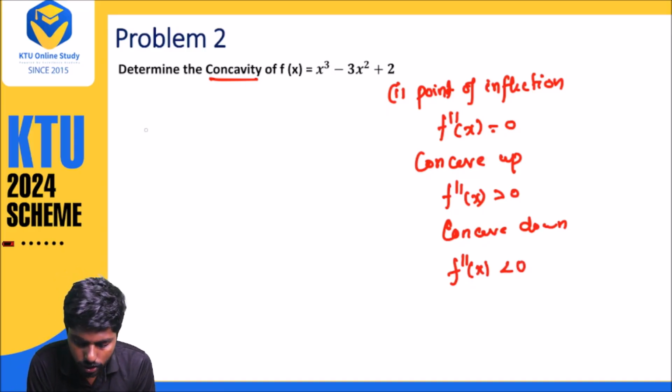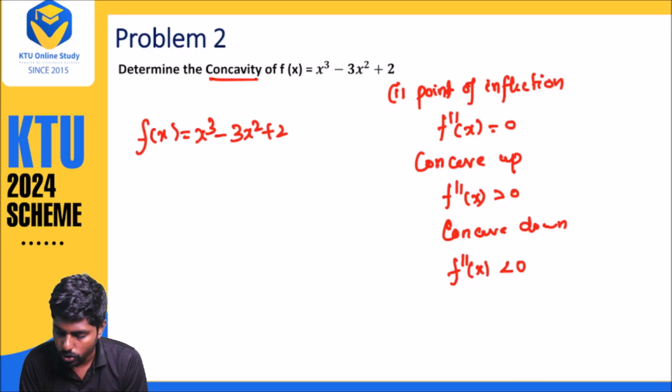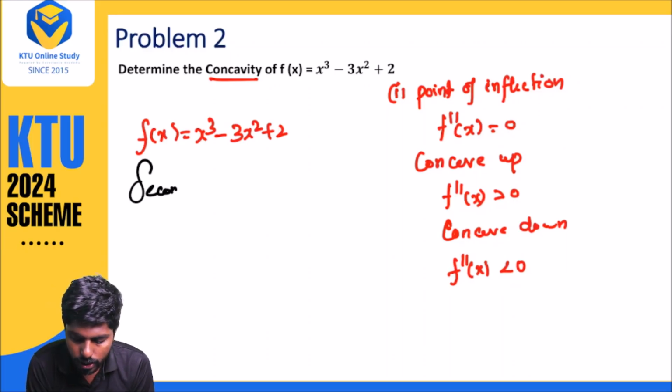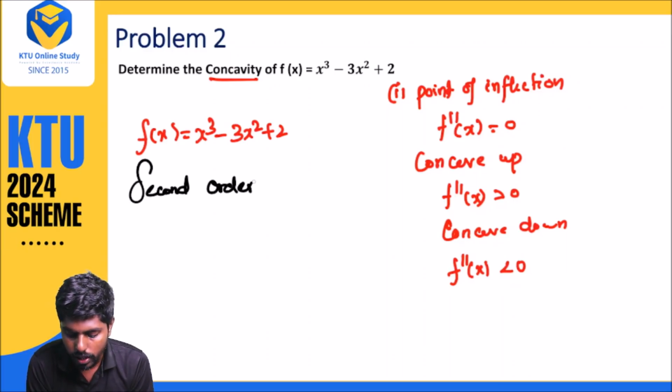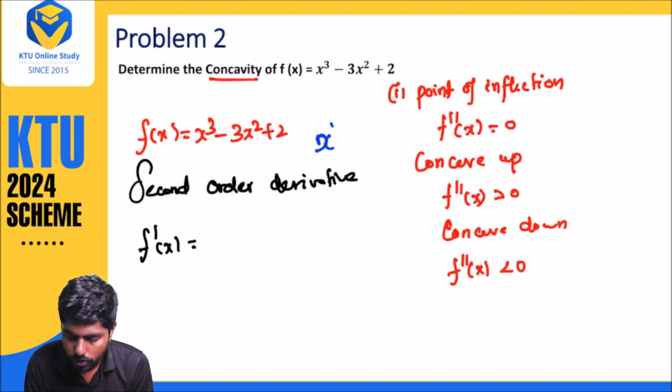What have they given? f of x is x cube minus 3x square plus 2. We want to find the second order derivative. So what will f dash of x become? The formula is derivative of x power n is n into x power n minus 1.